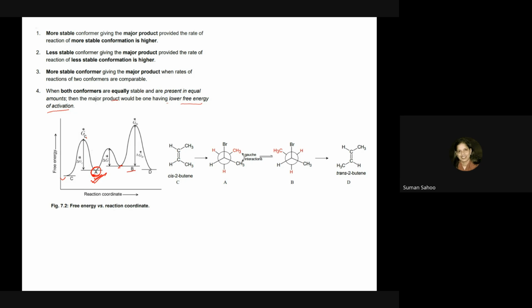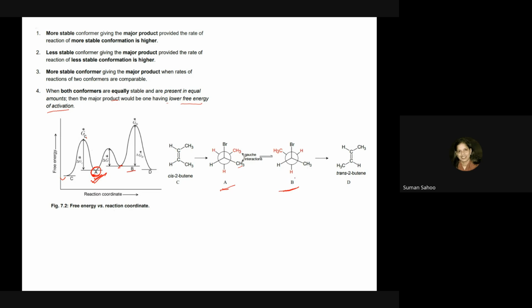For example, in the case of butane, we can have formation of cis butane. Among A and B, we get it from 2-bromobutane. From 2-bromobutane, we can have two different kinds of conformers. In one conformer both CH3 groups are in gauche interaction, and here both CH3 groups are in anti-periplanar geometry.